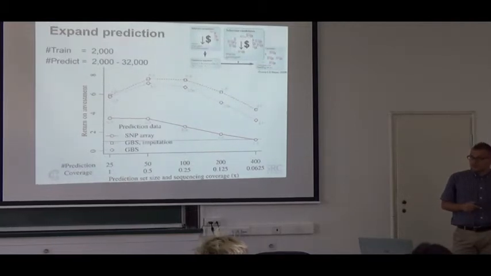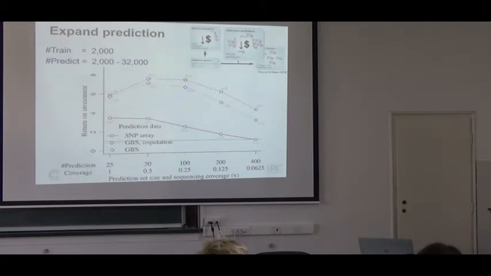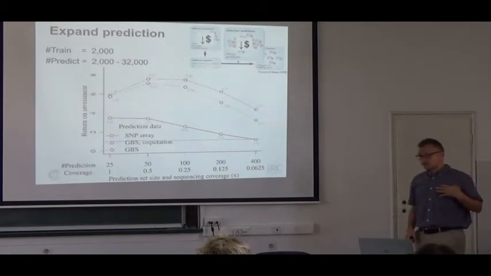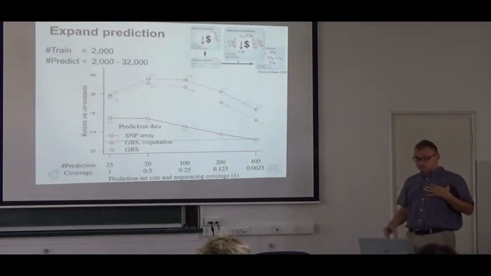However, if I can impute that individual up, then I can make it really cost effective. The message here is that the full line is when I have SNP array data, and the upper lines are GBS without imputation and GBS with imputation. So I can actually generate something like 6 to 8 times more response to selection, a high return on investment if I use GBS.